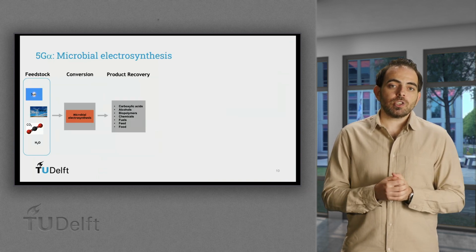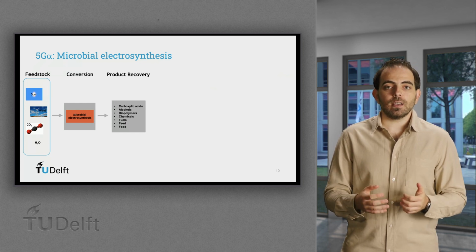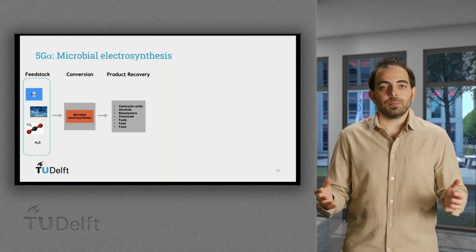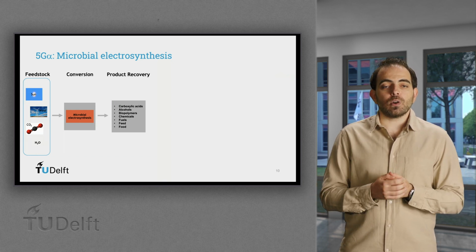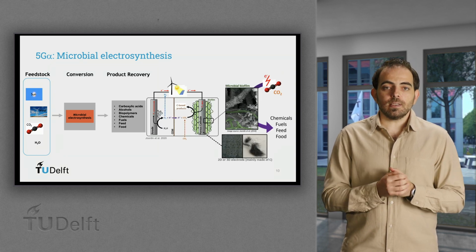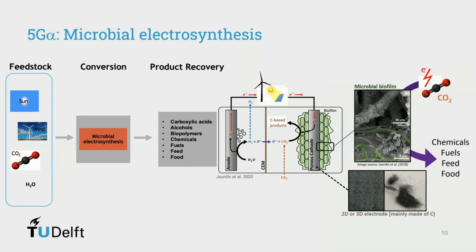The fifth generation of bioprocesses offers the opportunity to directly integrate renewable electricity into a new type of fermenter. One of the concepts is called microbial electrosynthesis. Microbial electrosynthesis is an electrochemical technology in which microorganisms are capable of using electrons derived from an electrode, the cathode, to convert carbon dioxide to a wide range of industrially relevant products.